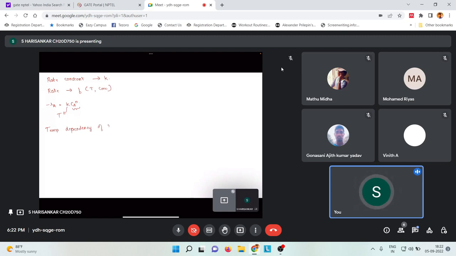The temperature dependency of the reaction rate, or the rate constant k, we can write as k is equal to k0 T raised to m, e raised to minus E by RT. Here k is the rate constant, and k0 is known as the frequency factor, which is also constant.